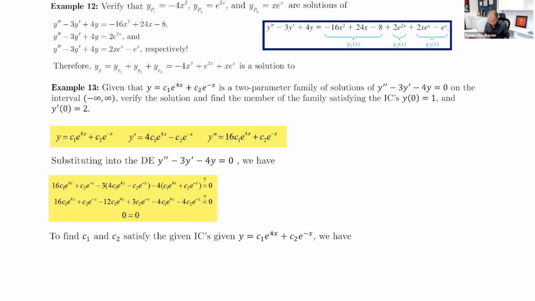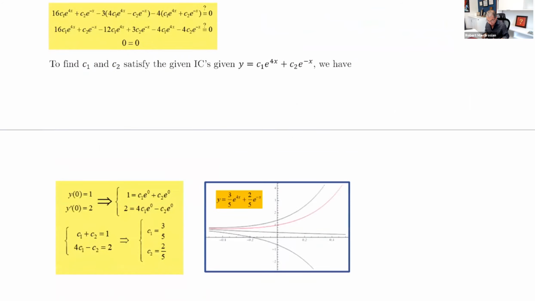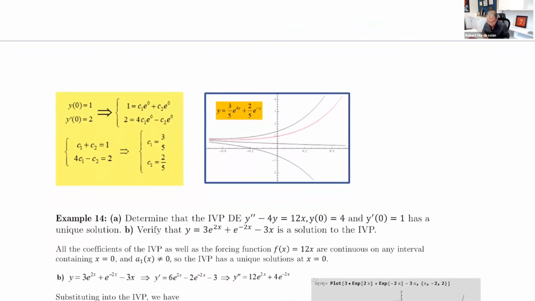Then to find C1 and C2, you can use the initial conditions, come up with a system, and solve for C1 and C2. So that's going to be a solution of that differential equation.